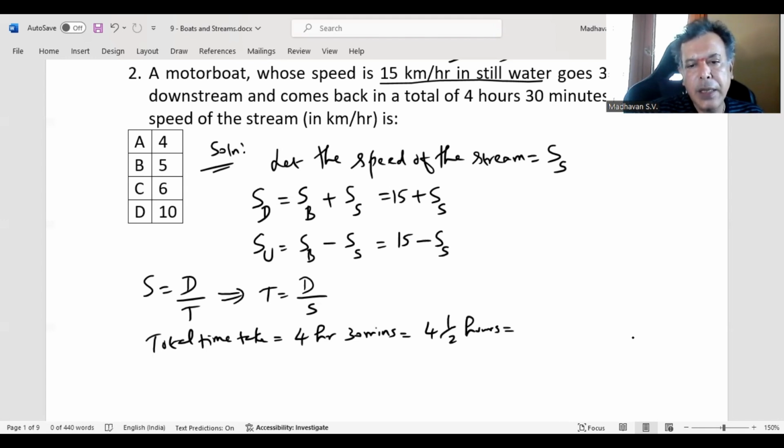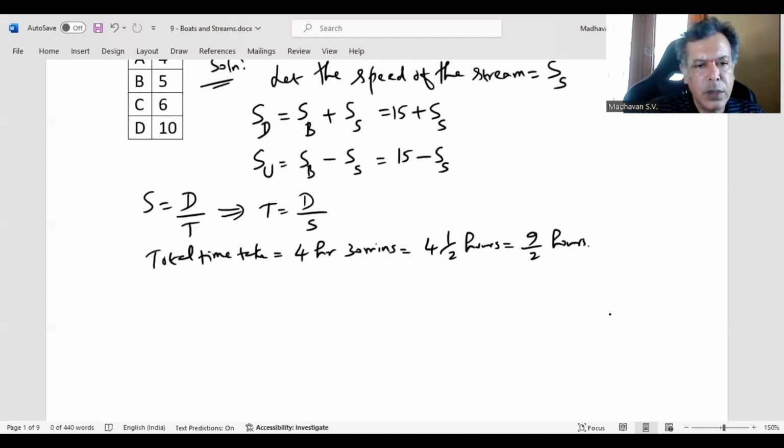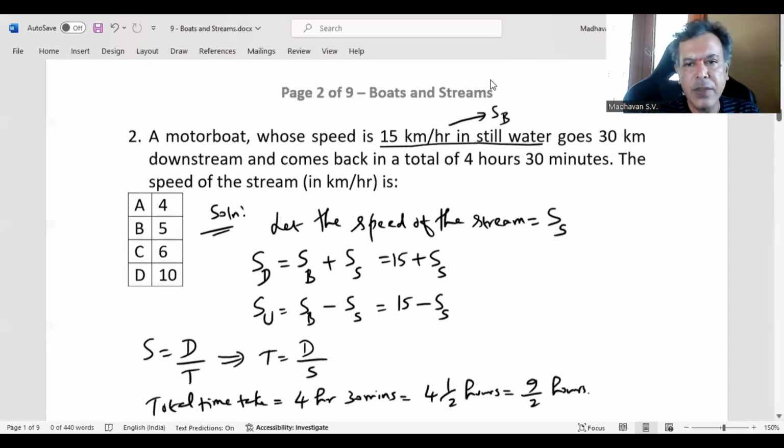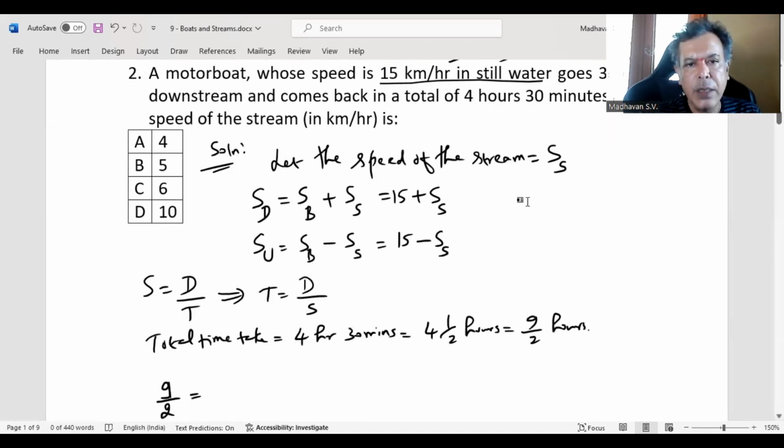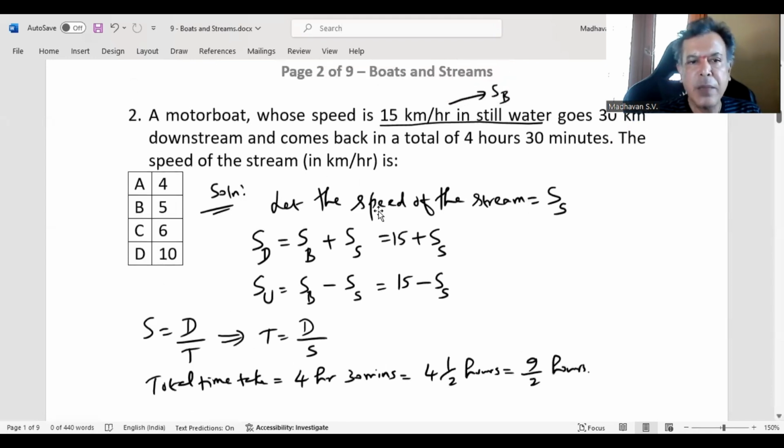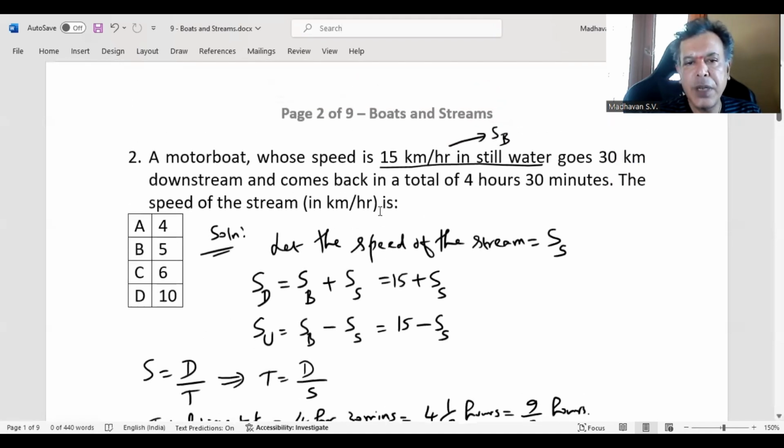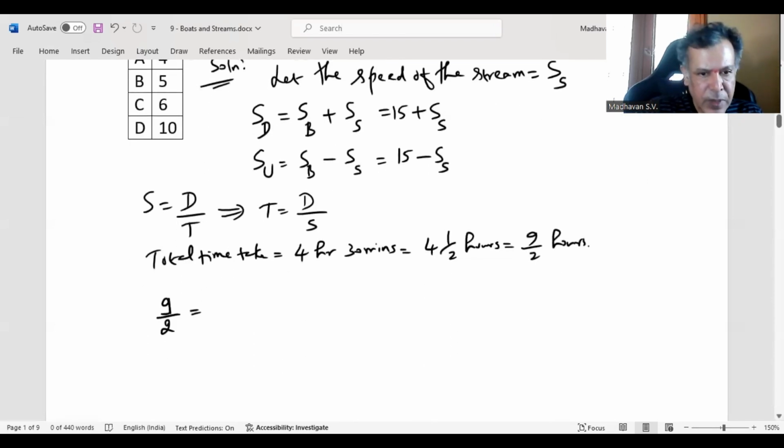That can be rewritten as 9 by 2 hours. Now the distance traveled is 30 km downstream and comes back, which means it goes downstream 30 km and comes upstream 30 kilometers.